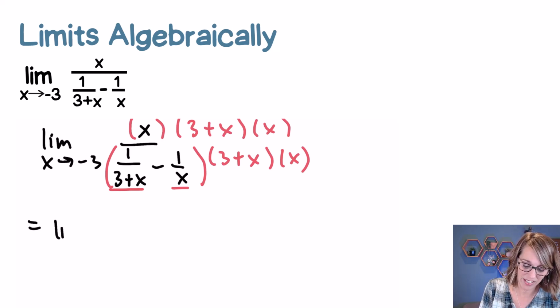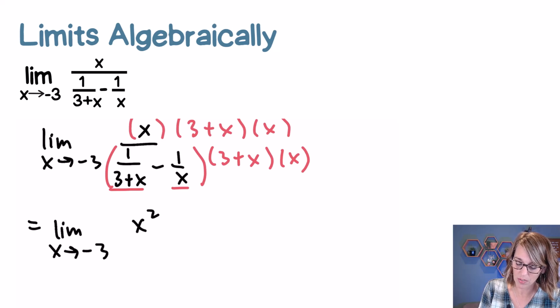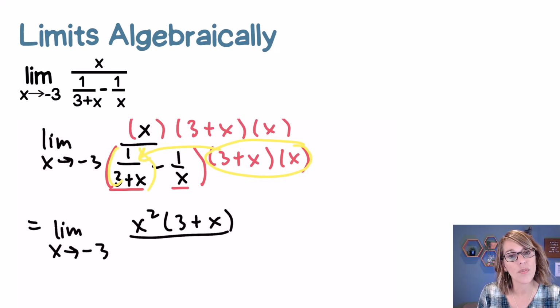I've got the limit as x approaches negative 3. I'm going to leave this as an x times an x, so let's call that x squared, times 3 plus x. And then I'm going to multiply through 3 plus x times this fraction, 1 over 3 plus x. The 3 plus x's there are going to cancel and leave me with just the x.